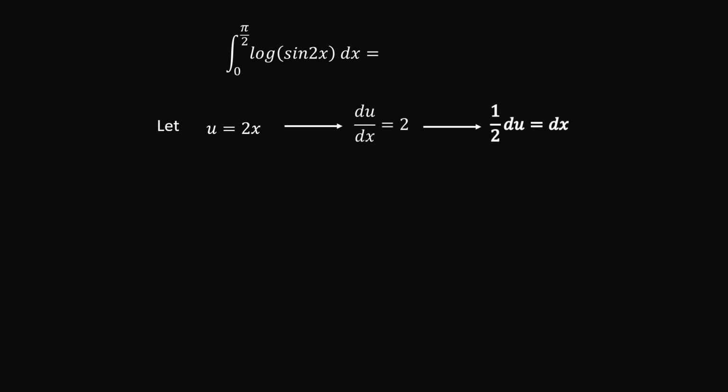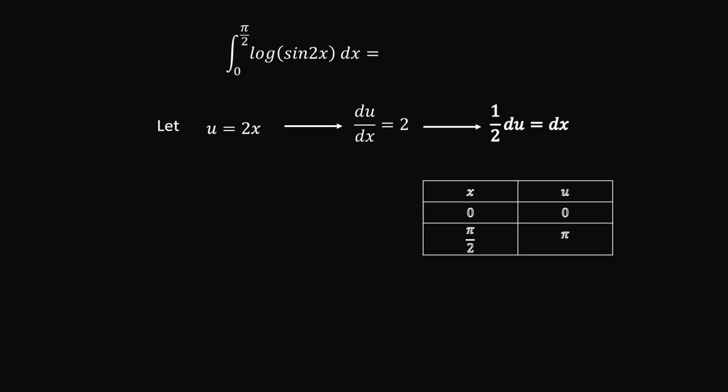Now the integral of log of sine 2x from 0 to pi over 2, we can simplify that by saying let u be equal to 2x, so that du/dx is 2, and therefore I have du equals 2 dx. Now the limits can be transformed. 0 becomes 0 from x to u, and when x is equal to pi over 2, u becomes pi.